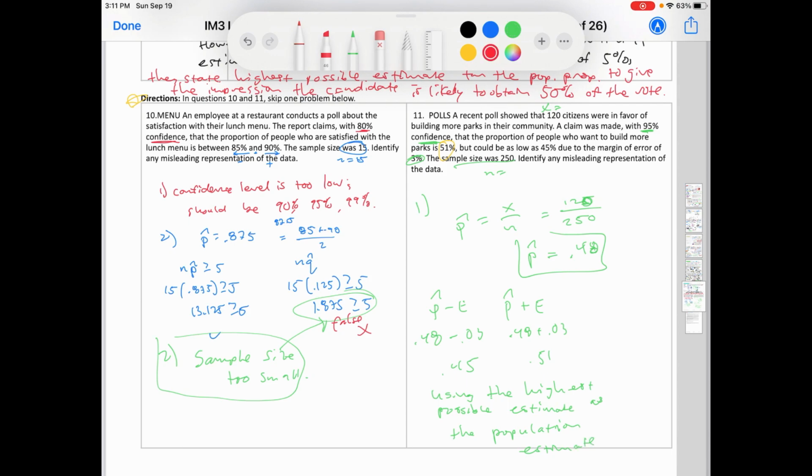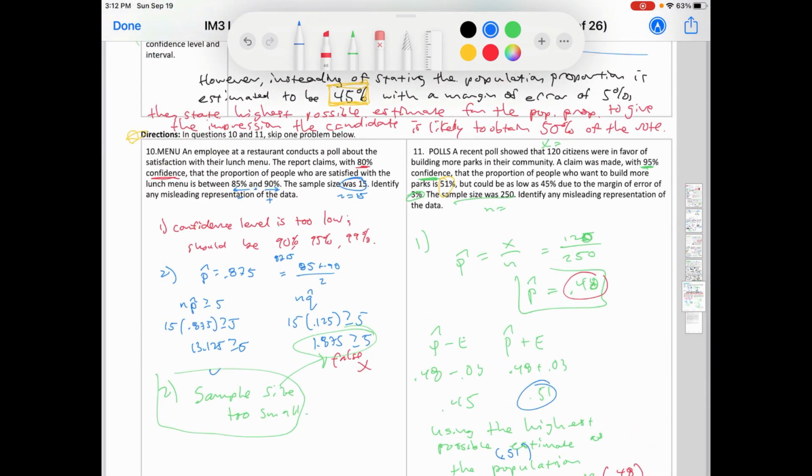So in other words, it should be 0.48 rather than using just 0.51. Does that make sense? So they're just kind of using the wrong side of the spectrum.